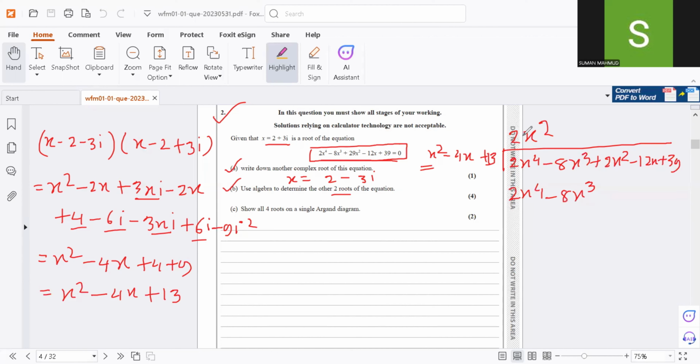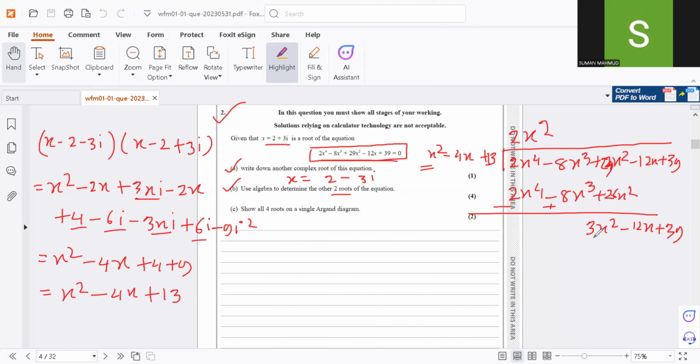This one is 29x squared. Then subtraction, signs will be changed, terms cancel out, and 29 minus 26 gives 3x squared, minus 12x, plus 39.